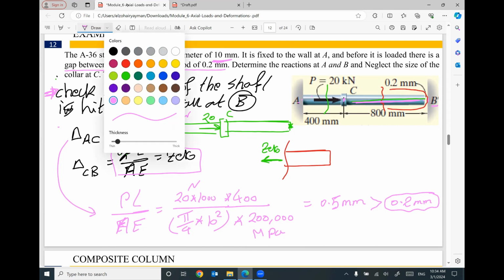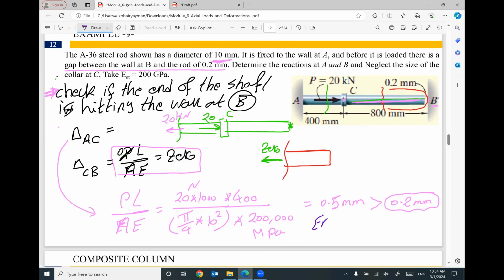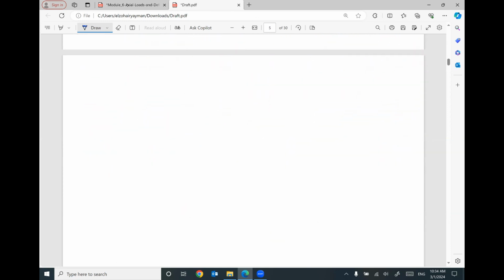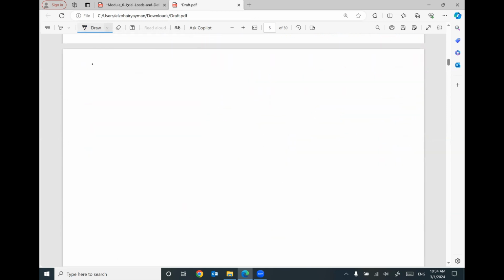The end of the shaft will hit the wall at B. Does that make sense? So we will have a new problem saying this.